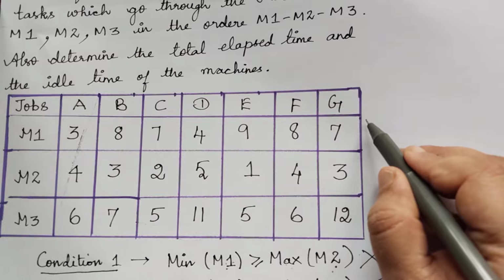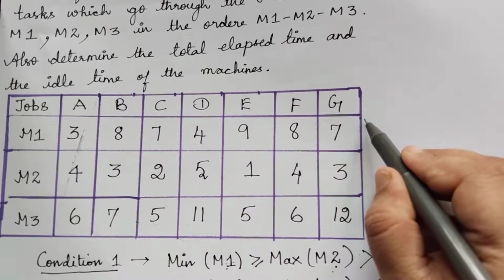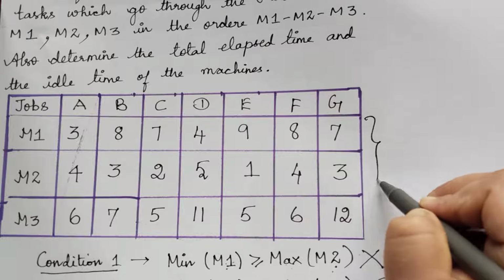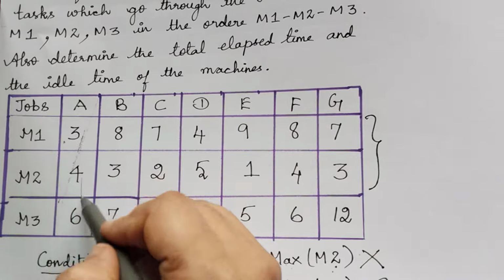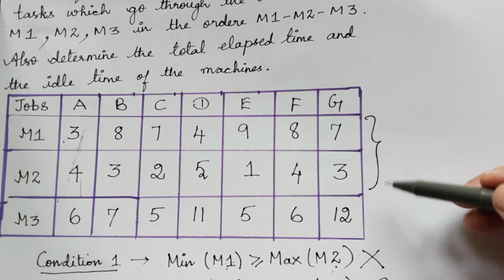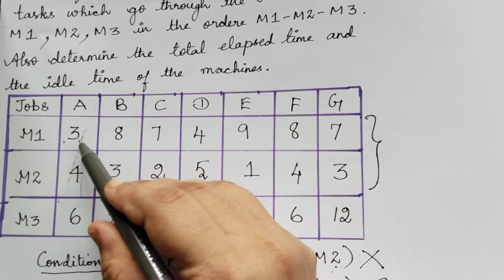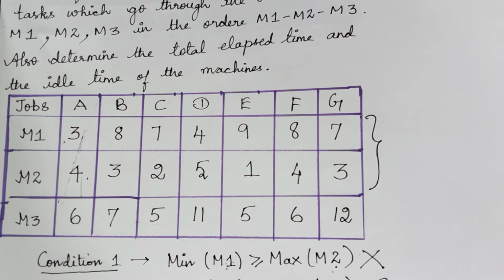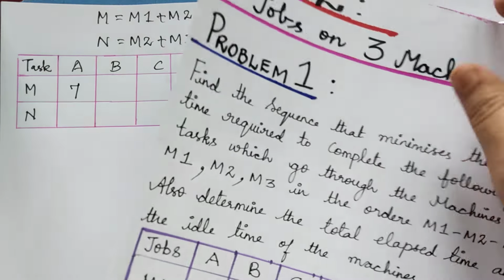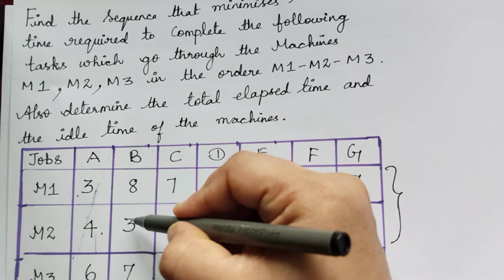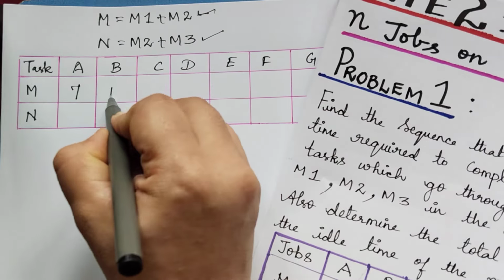Now in order to find the processing time for M, we have to add these two, because this is M1, this is M2. Okay, M1 and M2. These values we should add and we should write correspondingly. So the first value will be 3 plus 4, which will be 7. So that we have to write. And then it is 8 plus 3, that will be 11.